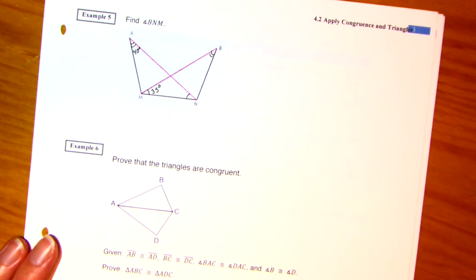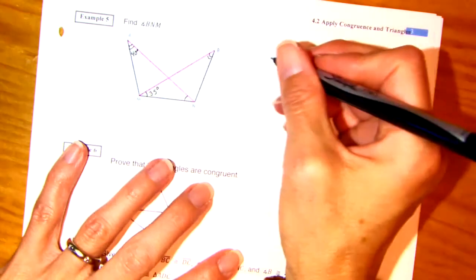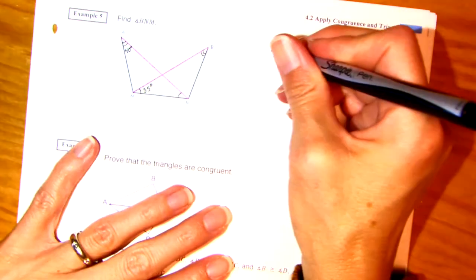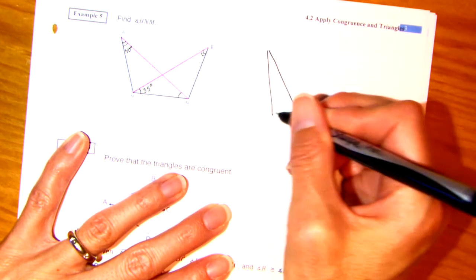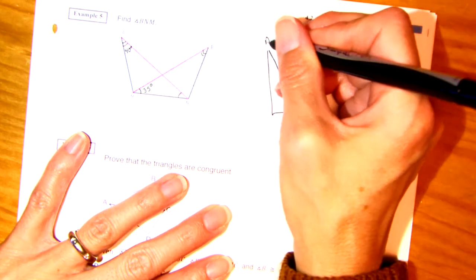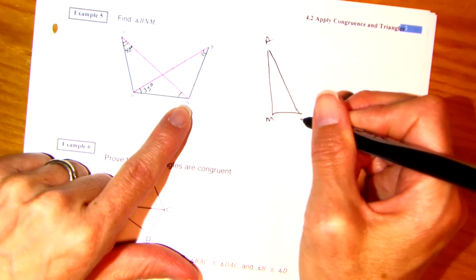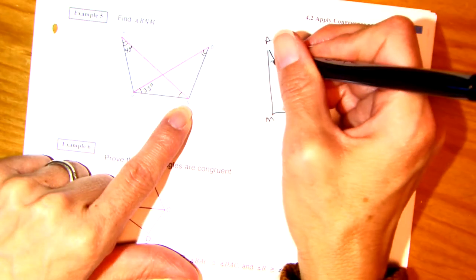Find the measure of angle BNM. I know this might be confusing, but whenever you see drawings like this, split them apart. So I'm going to pull them apart. We have, this is A, M, N. This will be 40.